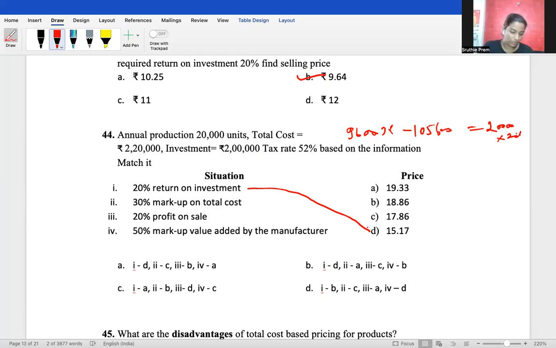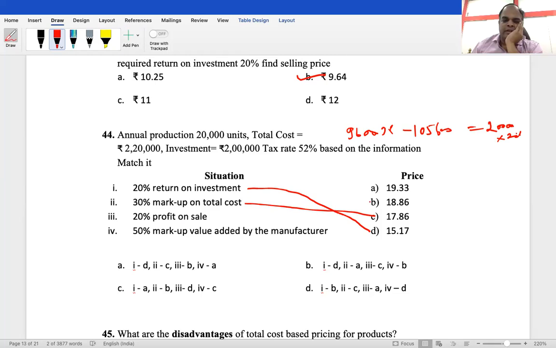So find X. 17.86, 17.87. So 30% on 2,20,000 or 2 lakh, sir? What did they give? 2 lakh 20. Total cost is what they have given. 30% on 2,20,000. 17.86.